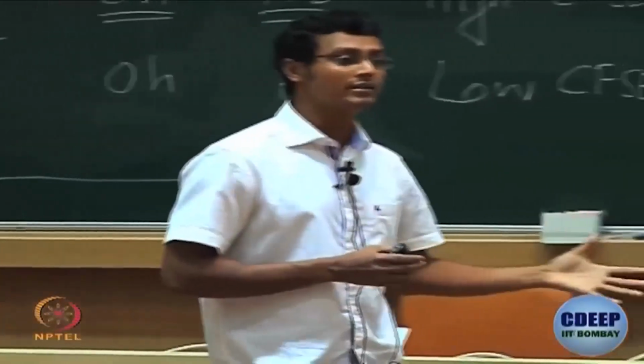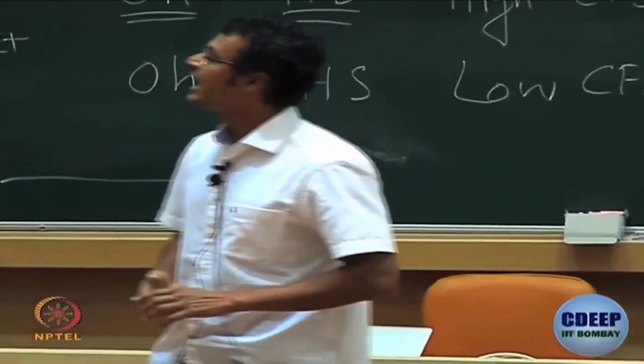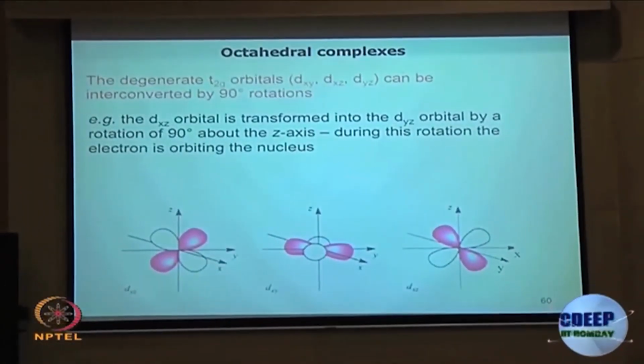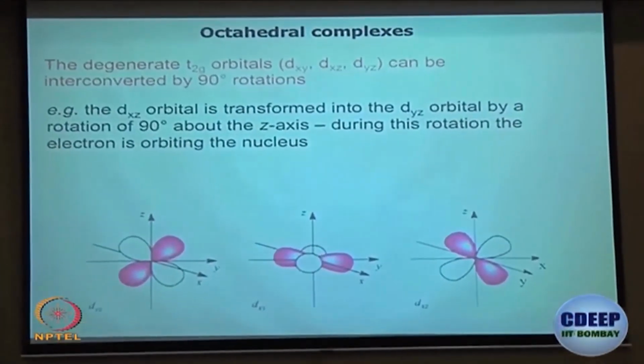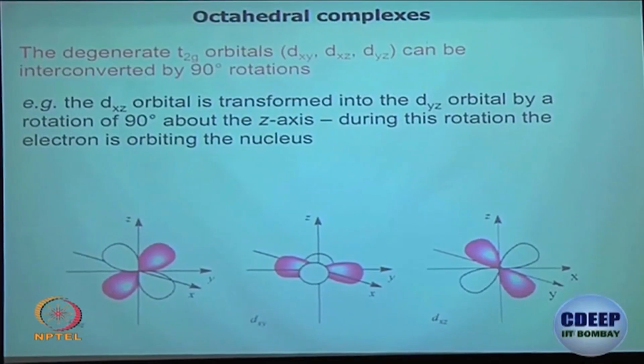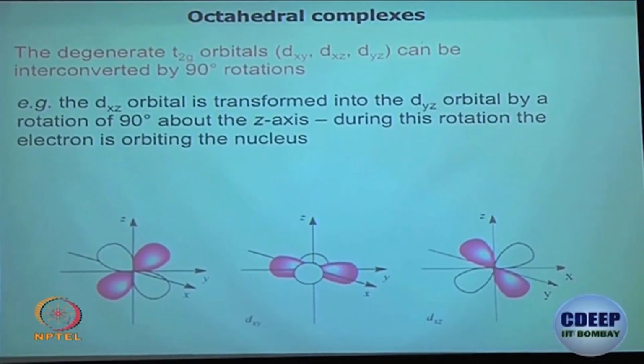But can you do that? That is the question. Can we interconvert dxy into dyz or dx2-y2 into dyz? The orbital contribution is nothing but the spin only value plus something extra you get.